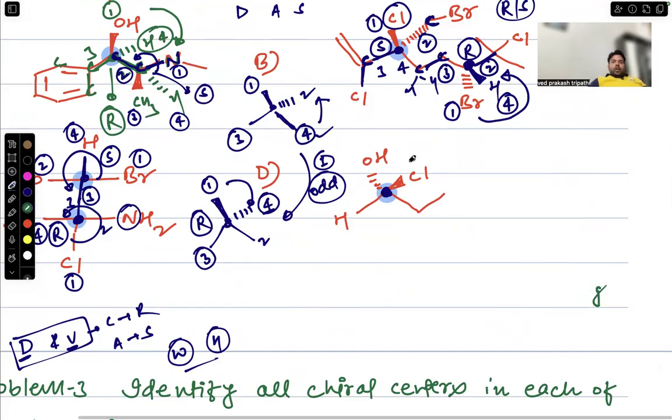We can decide the priority. Chlorine 1, oxygen 2. This bond would be 3 and this is my 4th.